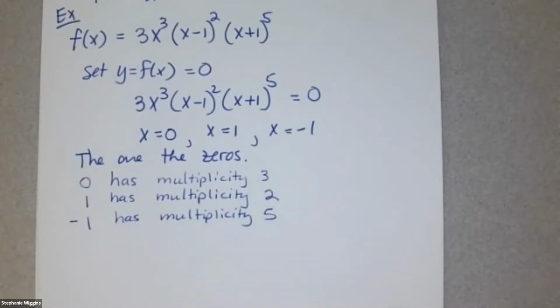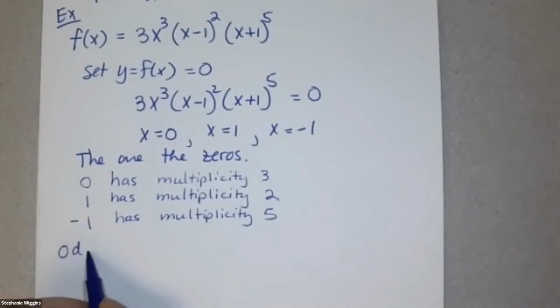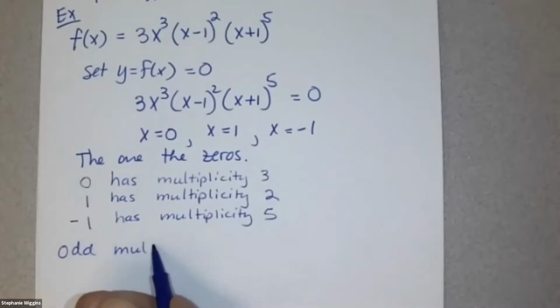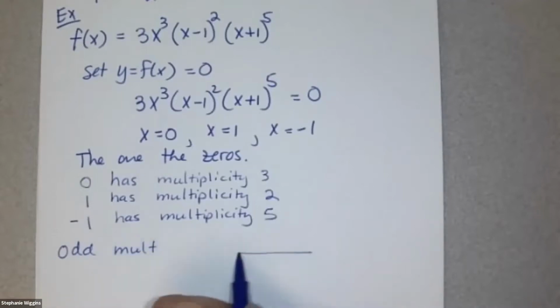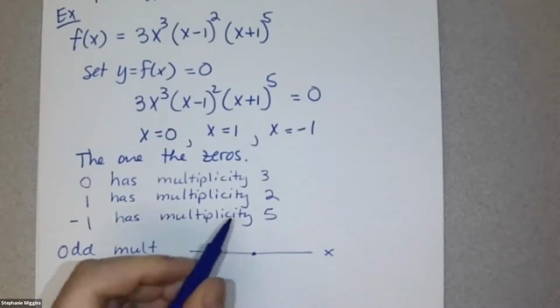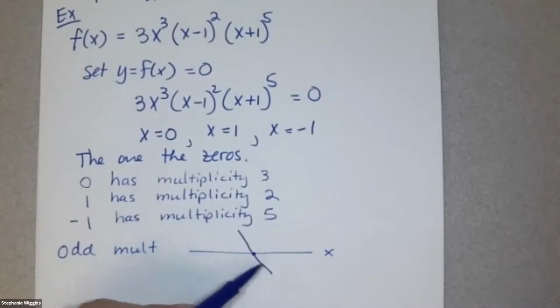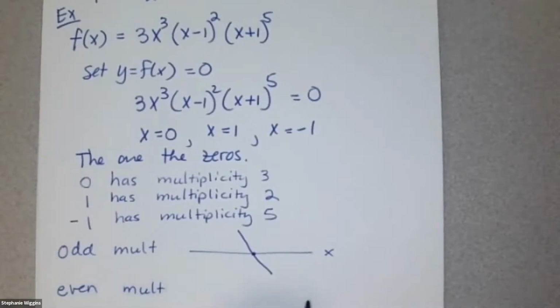Now, if you have odd multiplicity, then if this is the x-axis and here's your 0, it crosses the x-axis, okay? But if you have even multiplicity, it touches and bounces back, okay? So if it's odd, it crosses, and if it's even, it touches and bounces back.